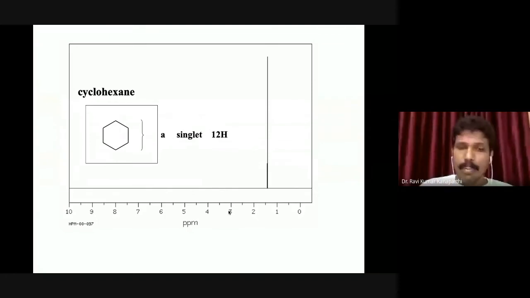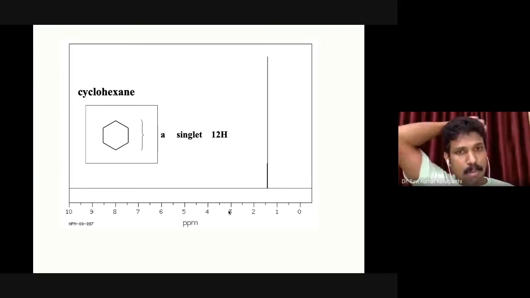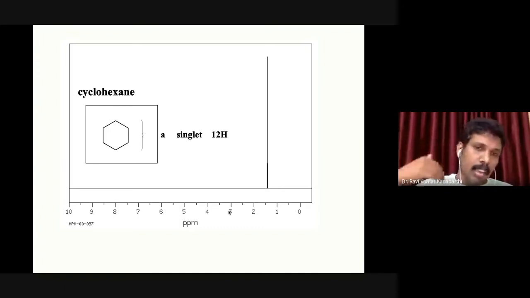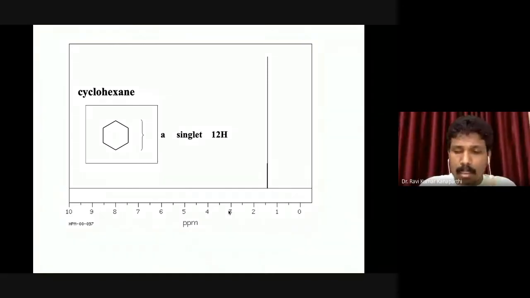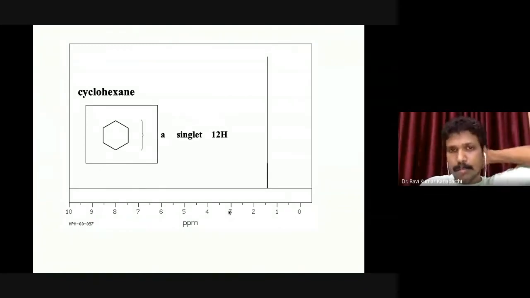If you perform at low temperature, then the rotation around a particular C-C bond is minimized, and within that time frame the NMR signal will be able to determine the axial and the equatorial positions. But in the normal situation, it will give you one chemical environment. All 12 protons will have the same chemical environment and will give you one signal at one place. That's all. Is it clear, Kuntal?